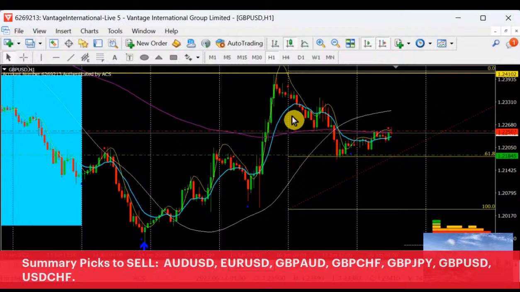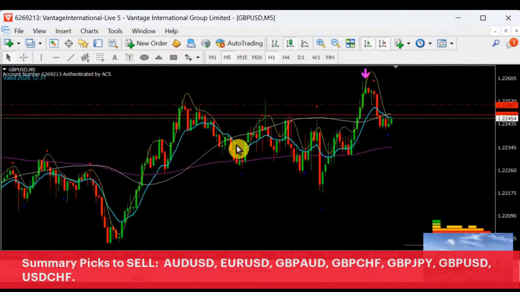As for pound dollar, it is still hovering. I think it's going to be a long wait over here. Once it breaks either the 50 or the 200, it will be much clearer. Right now we are just waiting for a clearer picture to determine where it is going before we start trading.